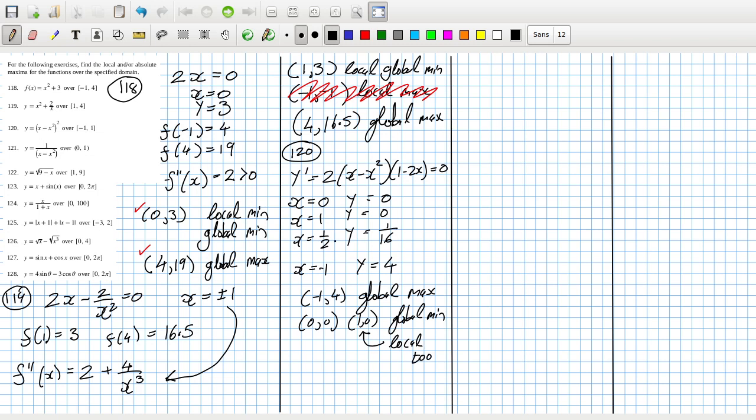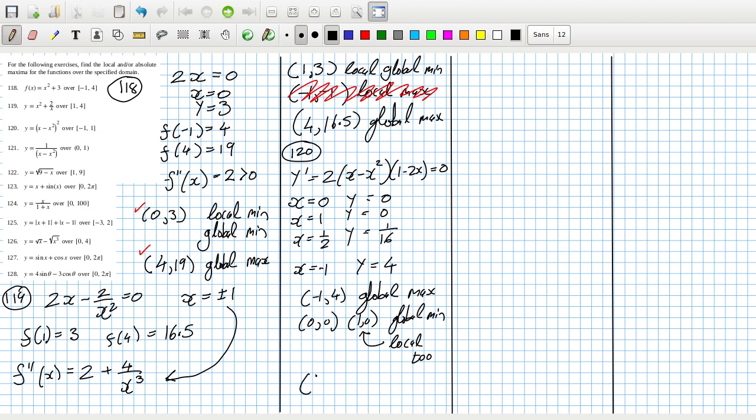And the half, need to figure out what's happening at the half, if it's local or global. I think I will need the second derivative, unfortunately, but it's going to require the product rule. If I don't want to do the product rule, I can look at what's happening in the neighborhood of a half. As we go from a half to 1, we're decreasing. And when we go from a half to 0, we're also decreasing.